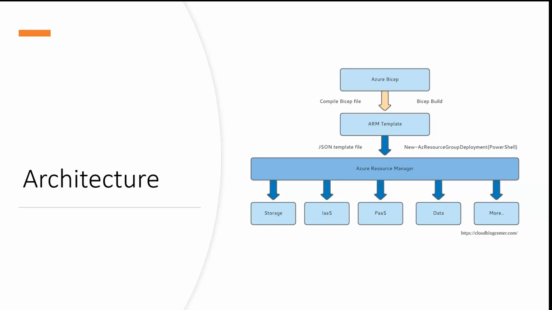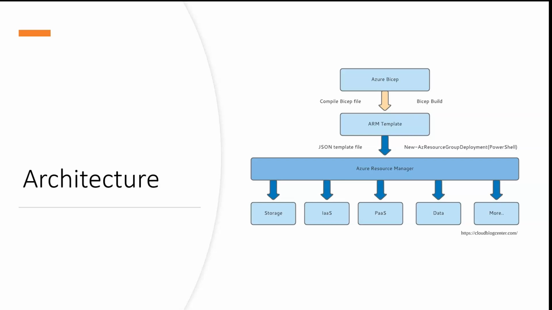We are going to see that when we deploy our Bicep templates. So you don't have to take care of writing ARM templates. You just focus on Azure Bicep template files, and Azure CLI will take care of converting those templates to Azure Resource Manager templates.